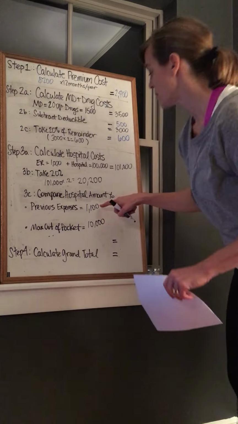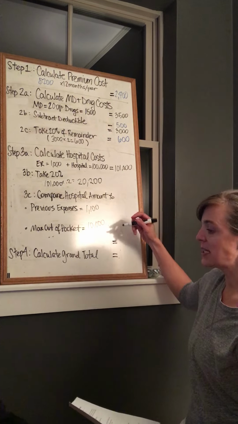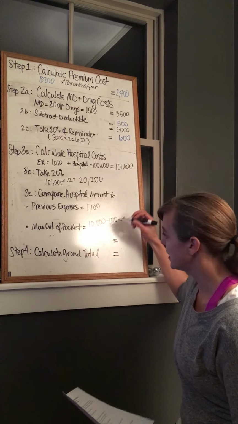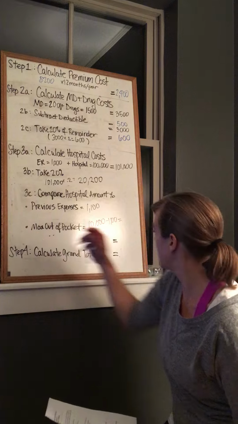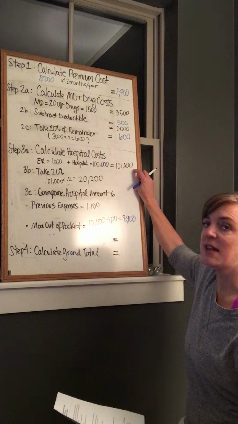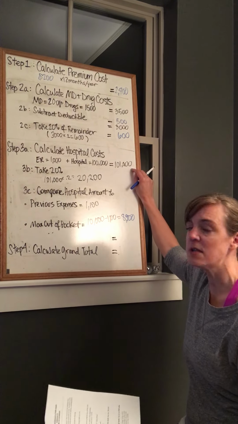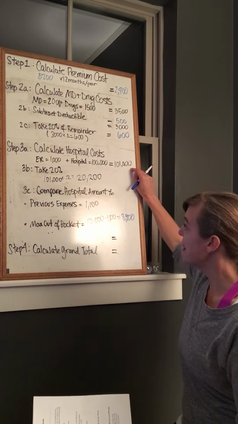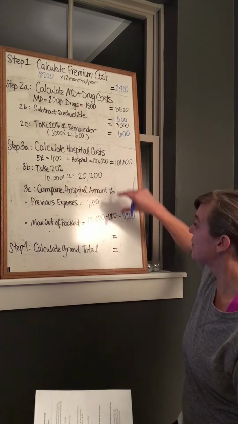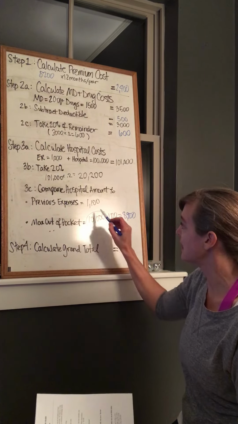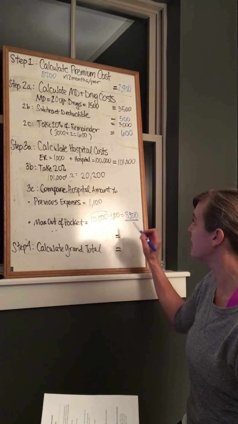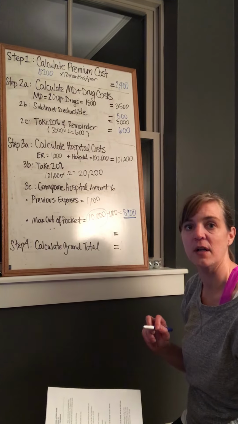So what we'll do is we'll say 10,000 minus 1,100, because we've already paid 1,100, equals how much? 8,900. So you can see they incurred $101,000 worth of costs at the hospital, but after we took 20% of that and compared it to our maximum out of pocket minus the amount that we've already spent, we see that they only have to pay $8,900 of the $101,000.